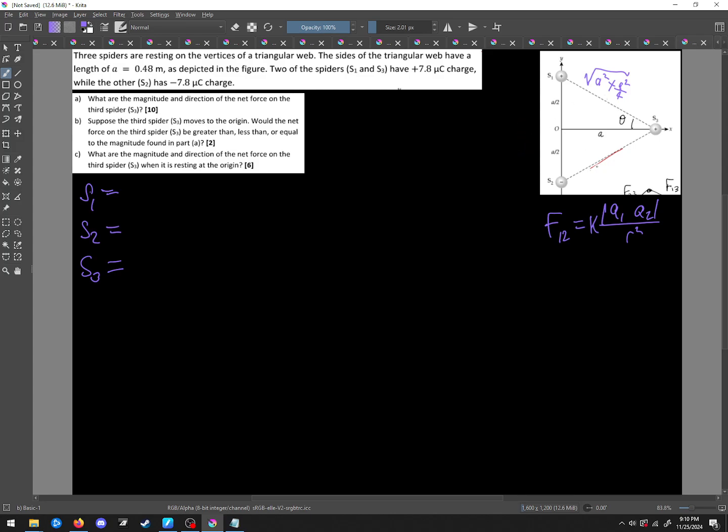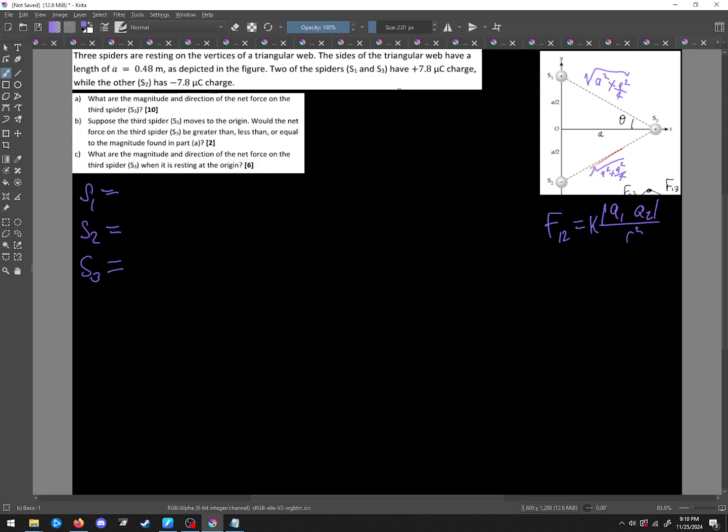So that's going to be the length for both of these. So now we have our R, we have Q1, we have Q2. I think we can just plug it in now.